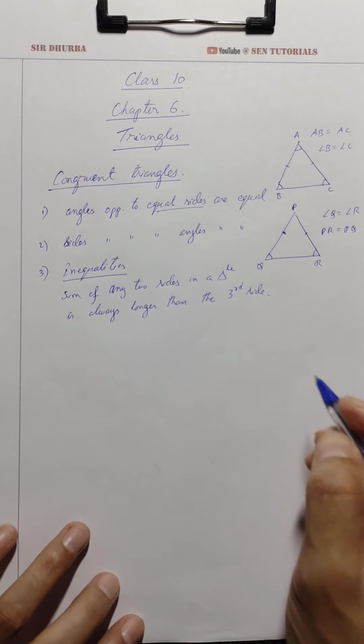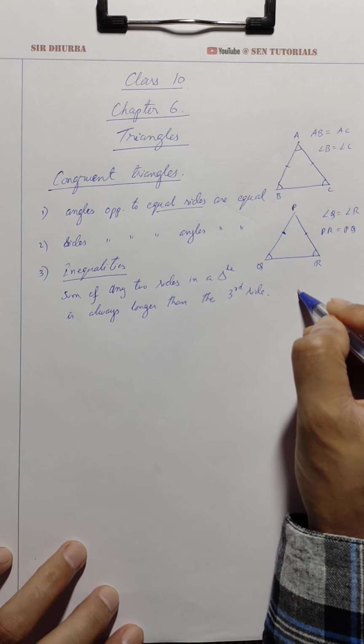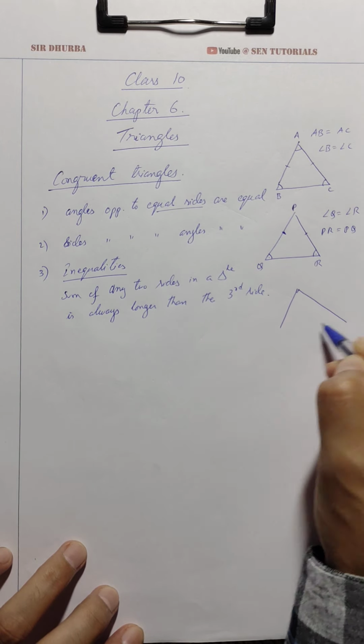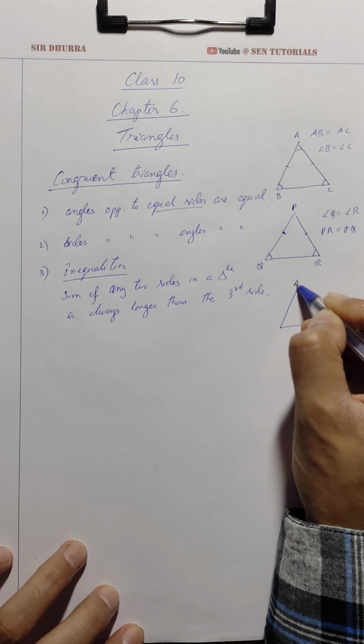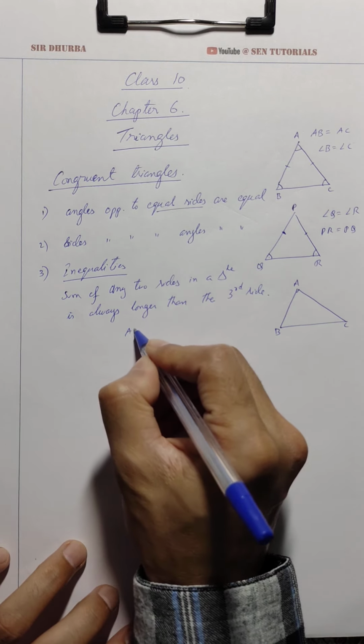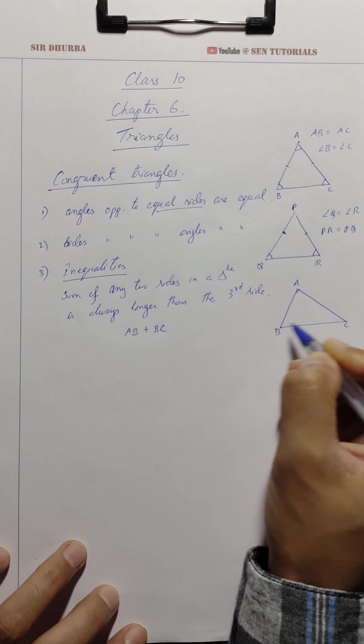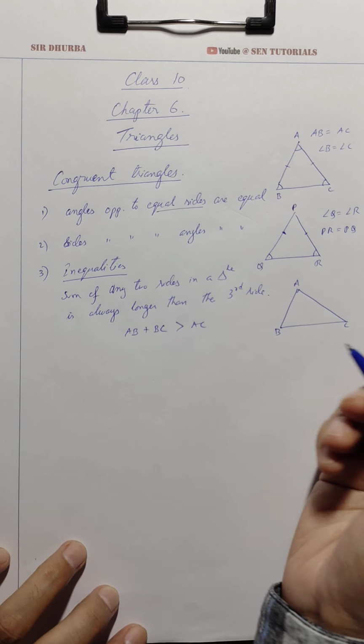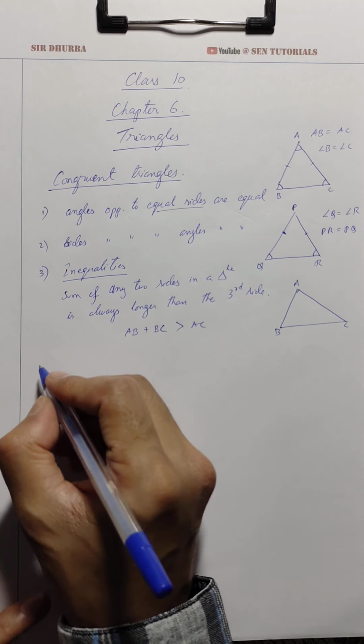That means maybe we have a triangle like this, again say A, B, C. What it states is that if you take the sum of any two sides, AB plus BC, let's say, it is always going to be greater than the third side, and likewise with the other sides also.